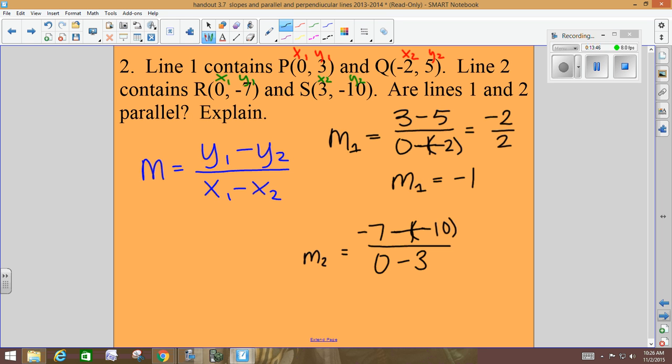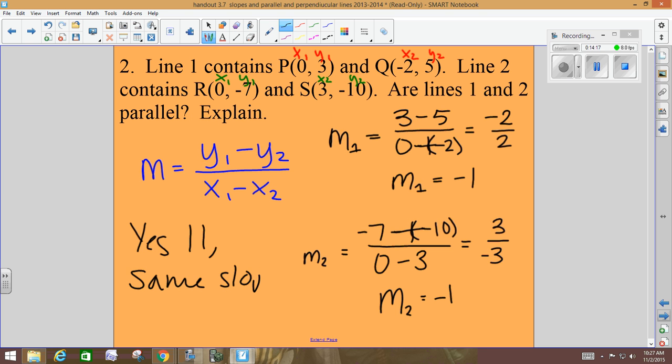So negative 7 plus 10. Negative 3 or positive 3? Positive, right? It'd be like saying 10 minus 7. How about 0 minus 3? Negative 3. So what's the slope of line 2? Negative 1. So are the lines parallel? Why? Good. You would say, yes, parallel, same slope. It says to explain, so explain.